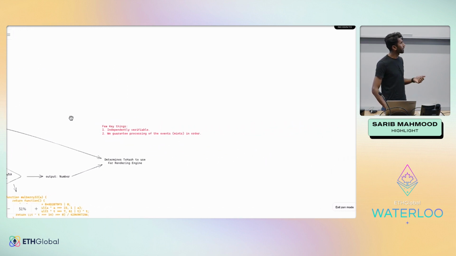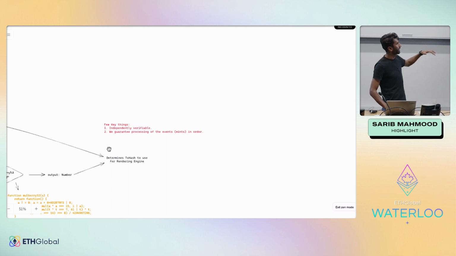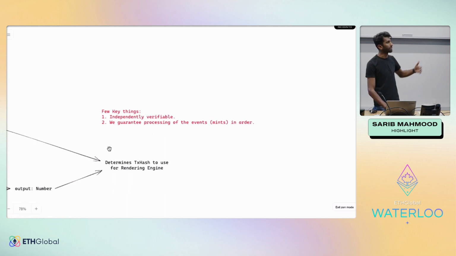A few key things about this whole process: this algorithm is independently verifiable, which means the algorithm is publicly available and the transaction is available on chain. You can run the same algorithm over and over and get the same output. So even though it's running centralized, you're always free to verify that you got the art that you were supposed to get. The second part is that we guarantee processing of events in order.